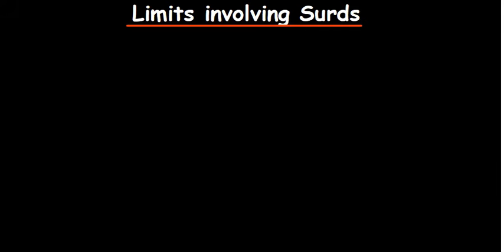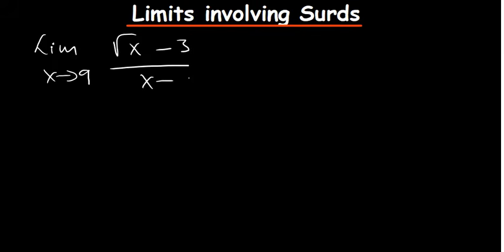So the limit as x approaches 9 is our starting example, root of x minus 3 over x minus 9. Here, clearly, if we just try to substitute right away, the denominator becomes equal to 0, and so does the numerator. So we don't want that. So how do we handle this?